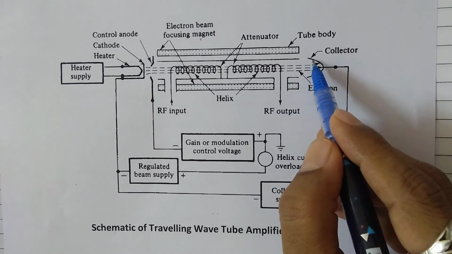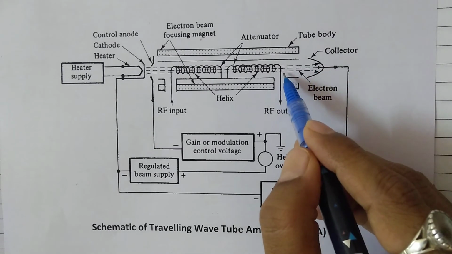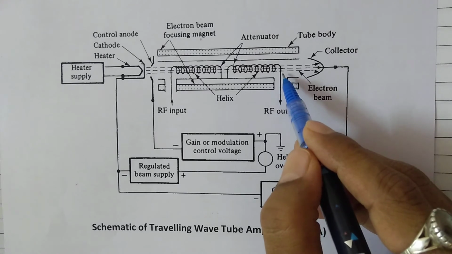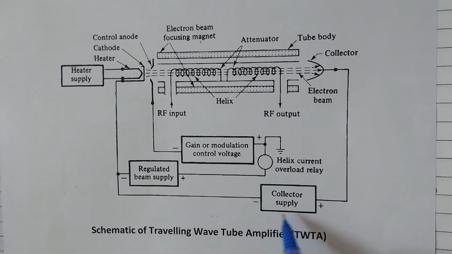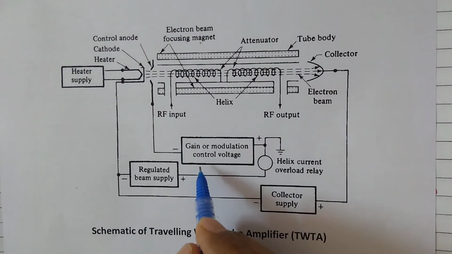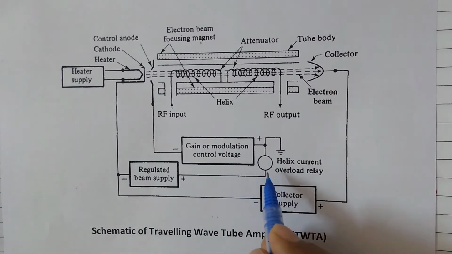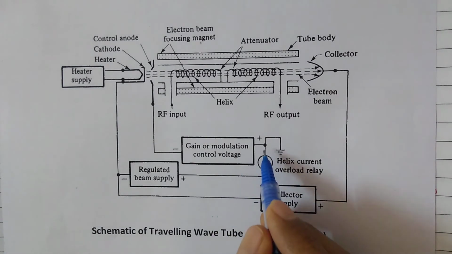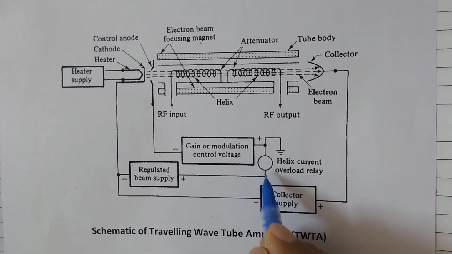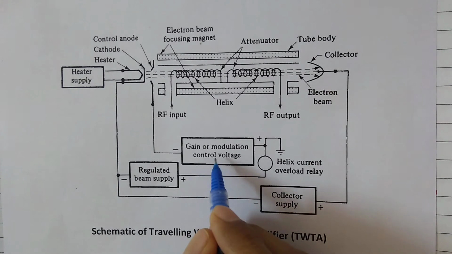At the last segment, we have a collector, which collects the electrons once they have given up their energy to the electromagnetic field. The collector supply is a positive potential. Then there is a gain or modulation control voltage knob, or, if required, helix current; if a high amount of current is flowing, that can be displayed on this overload relay and controlled with this voltage provision.